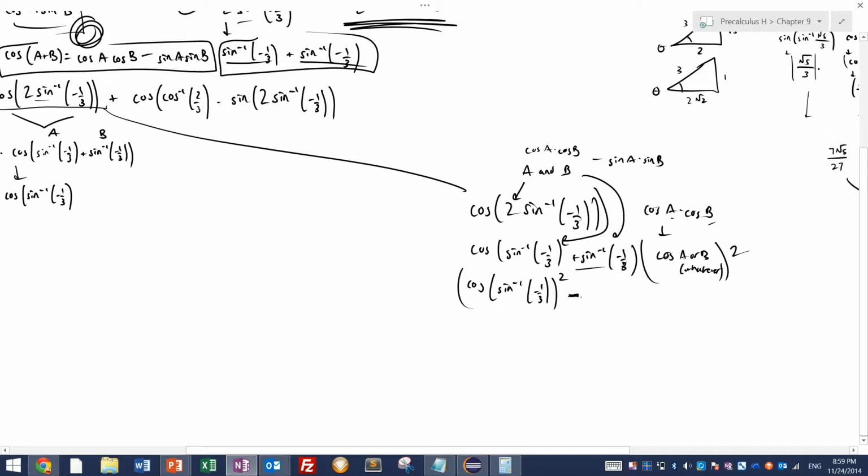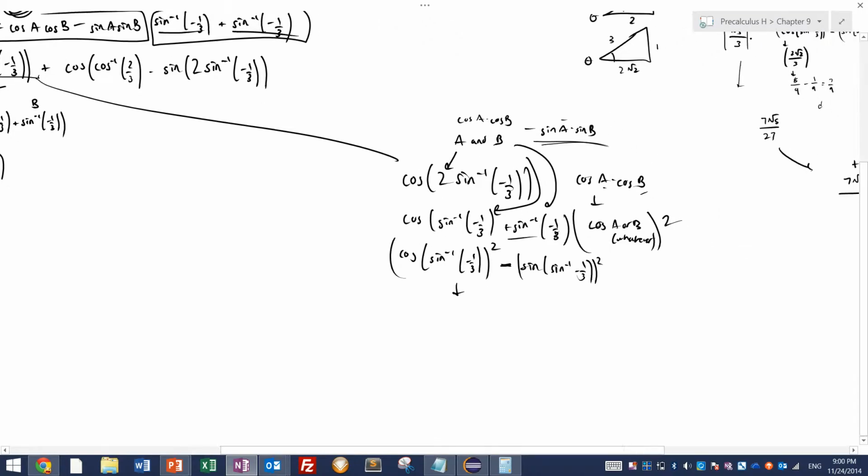So we're going to put that negative sign from the law, and it's going to be sine of arc sine negative 1/3. This is also squared because they're both the same, and we have to multiply it twice for this law to work. Well, because A and B are the same, so twice.